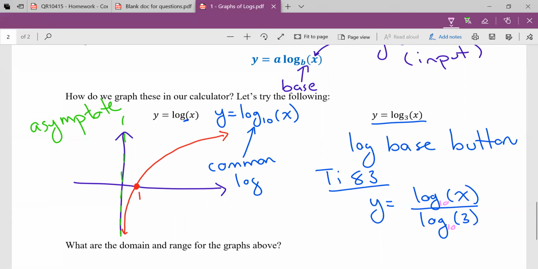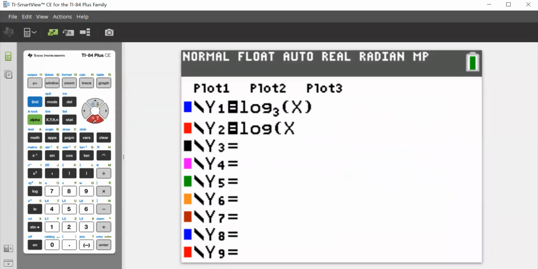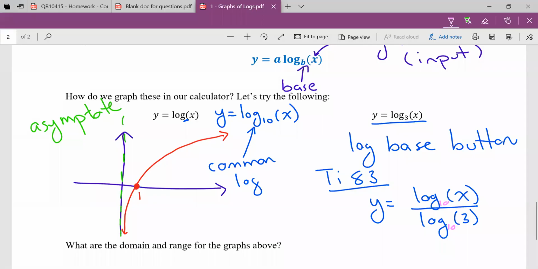So if I wanted to graph this on a TI-83, I would split this up into two parts. This is called change of base. And like I said, I'll explain in a later lesson where change of base comes from. And y1 and y2 look different, but when I hit graph, guess what? They are the same. So that's how you would put that in your calculator if you don't have the log base button. Okay, easy peasy.